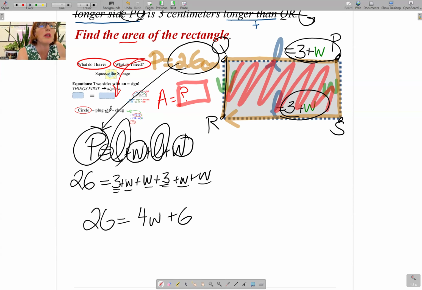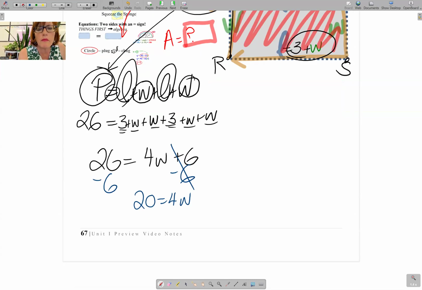Back to basic first semester algebra. The inverse operation of multiplying is dividing. And lo and behold, I just found my W.